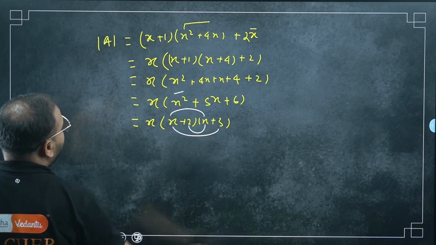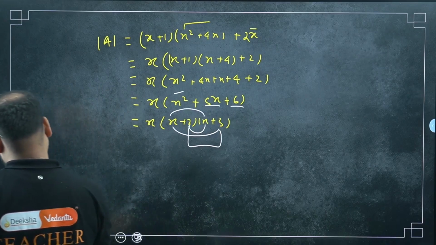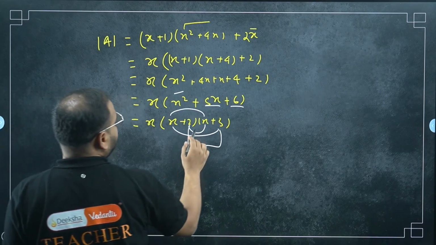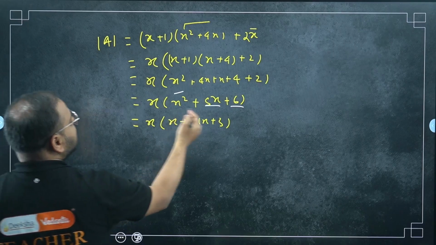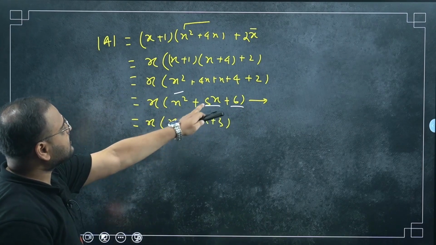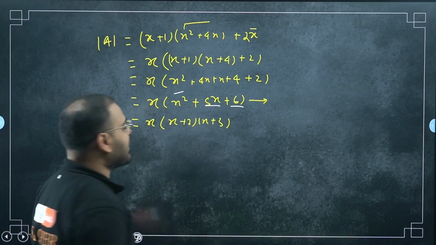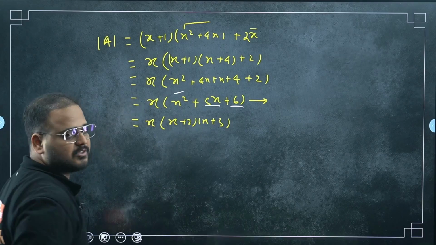So 3x plus 2x will be 5x, and 2 times 3 is 6. So this is correct. If you're not sure, do the multiplication and check it. Or you can split the middle term over here and understand how it is working. x square plus 3x plus 2x, if you write and take the common of x and 3 there, it becomes x plus 2 and x plus 3.